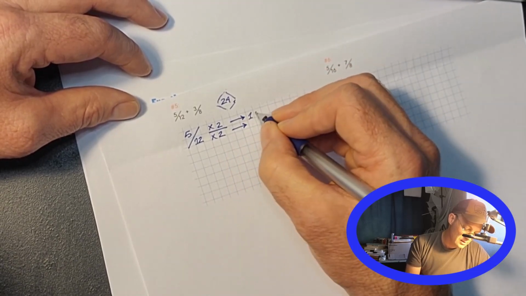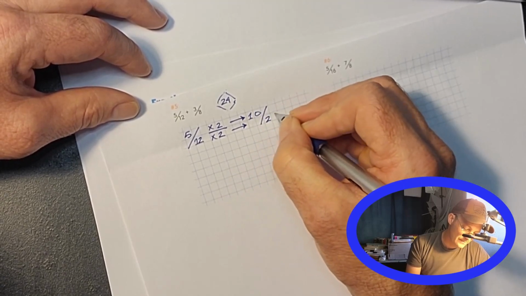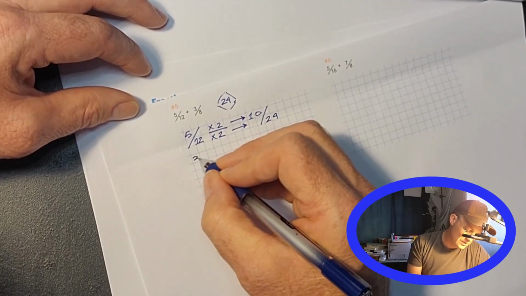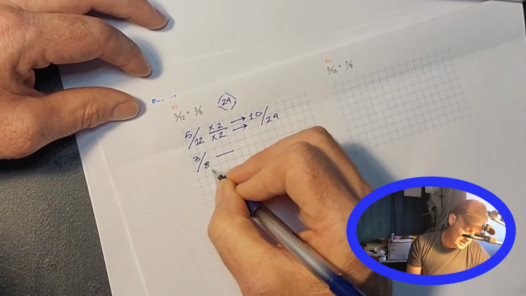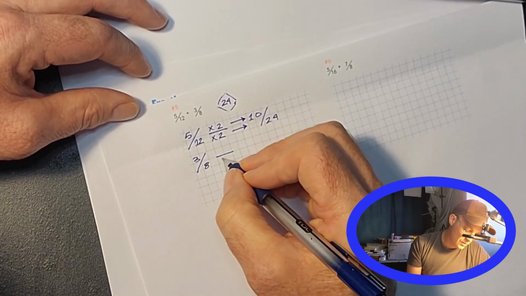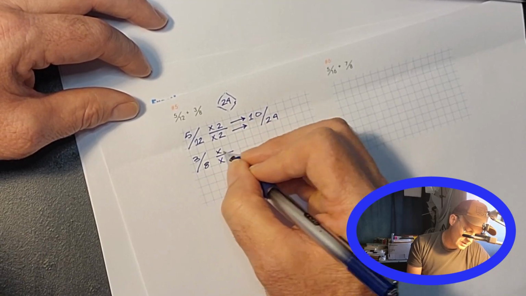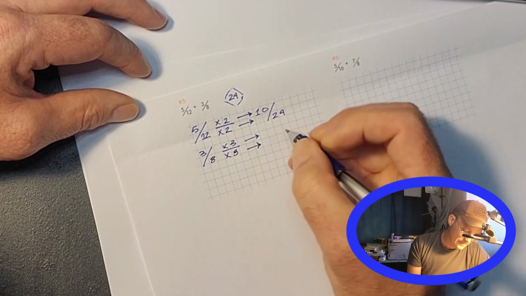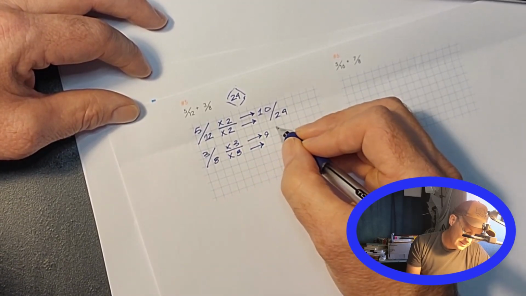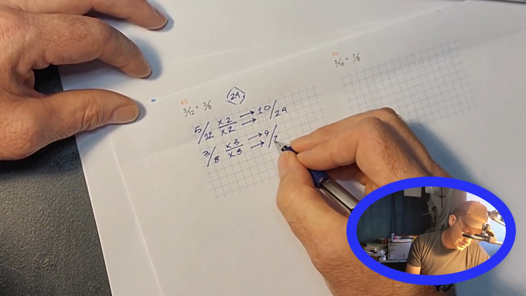That is going to give us 10 over 24. Now we have to do the same process with 3/8. To get 8 to 24, we have to multiply by 3, so we need to do that to the numerator also. 3 times 3 is 9. 8 times 3 is 24.